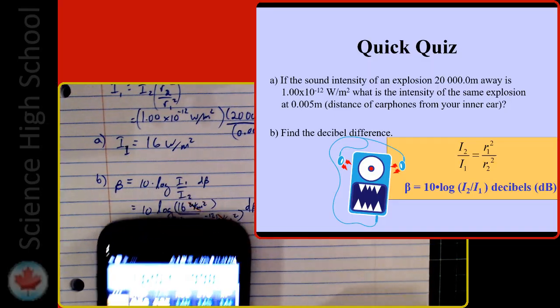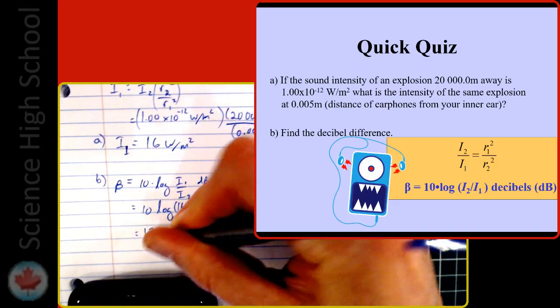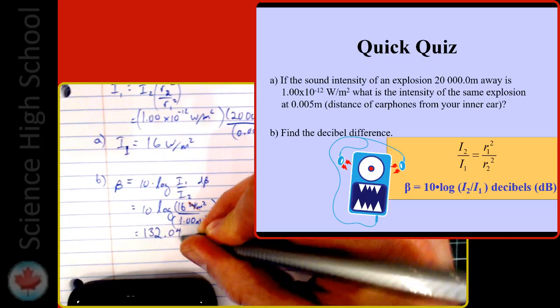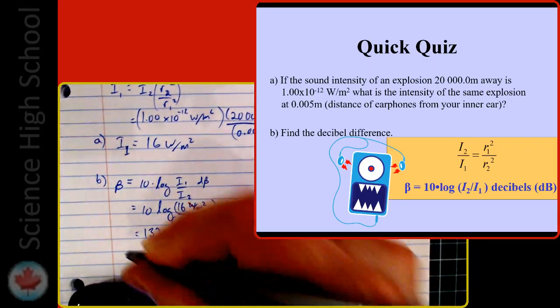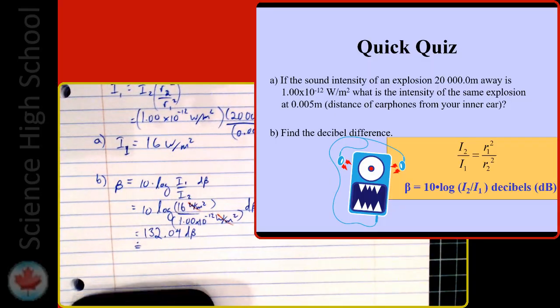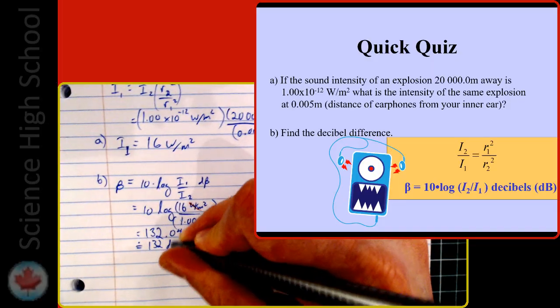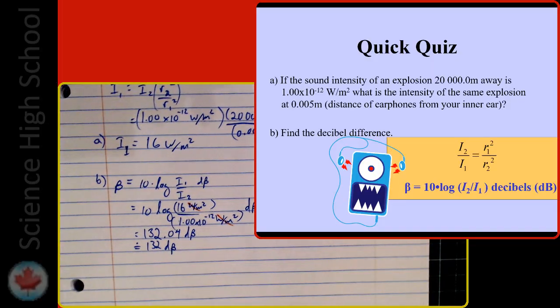Anyway, it's 132.04 decibels. I could round that off if I wanted to. Remember that I had 3 sig figs, so approximately 132 decibels. I feel pretty good about that. So the decibel difference between these two intensities is 132 decibels.